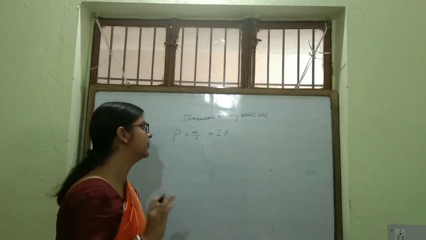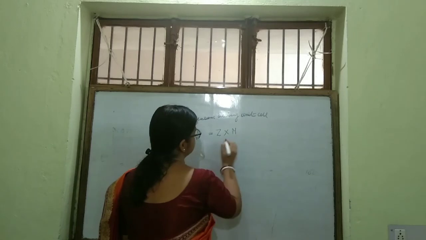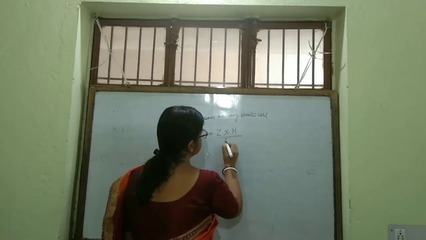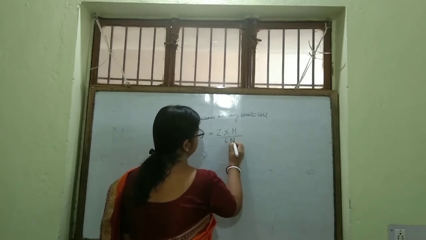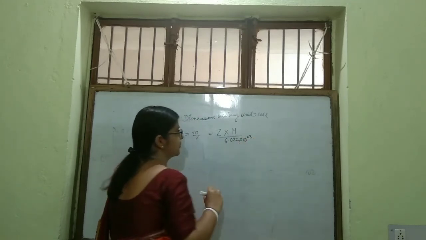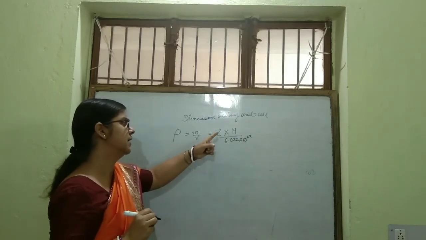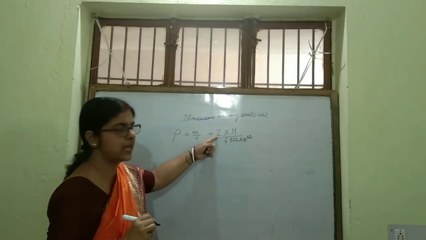Mass of each atom is equal to atomic mass divided by Avogadro's number, 6.022 into 10 to the power 23. This Z is the number of particles present in the unit cell.